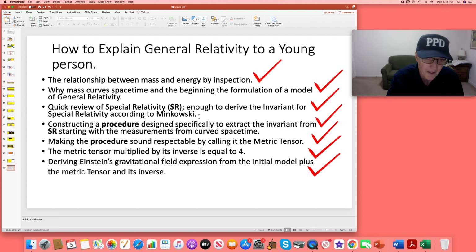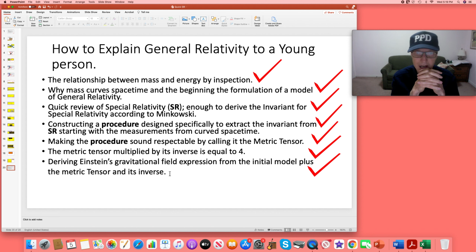And I don't know why they have done that so often, but they did. So the metric tensor multiplied by its inverse equals 4, we did that. Deriving Einstein's gravitational field expression from the initial model plus the metric tensor and its inverse. We did that.